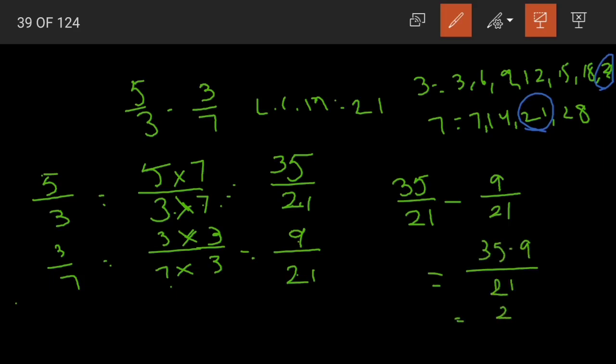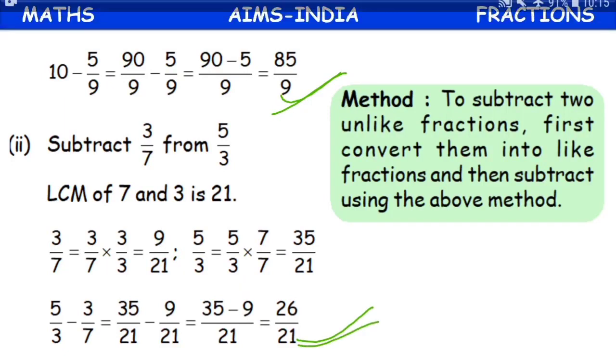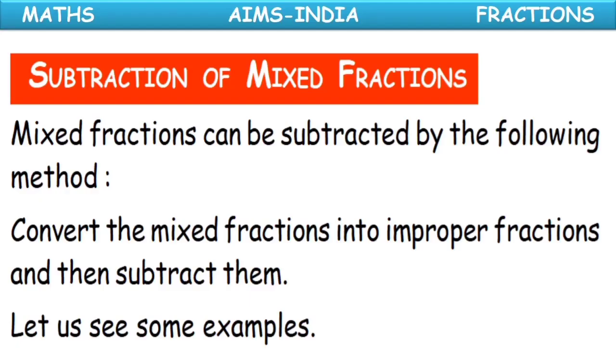It is nothing but 26, right? 26 divided by 21 is our resultant. What is here is the difference of the given fractions. What is it, children? 26 by 21. Yes, understood? The subtraction of both like fractions and unlike fractions.